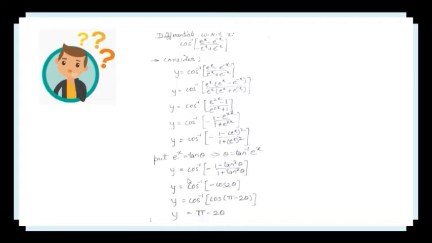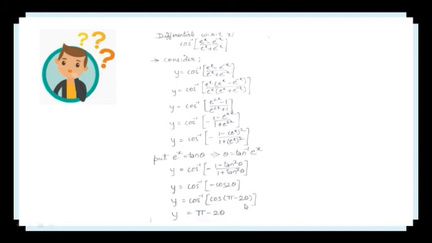So just substituting, y equal to cos inverse of minus 1 minus tan square theta upon 1 plus tan square theta. So this I can write as cos inverse of minus cos 2 theta, and minus cos 2 theta I can write as cos inverse of cos pi minus 2 theta.